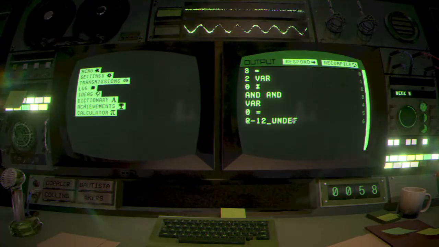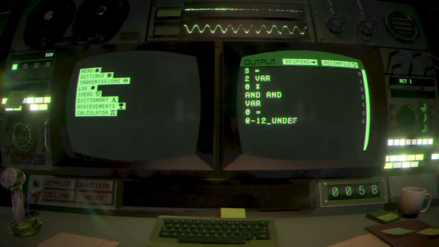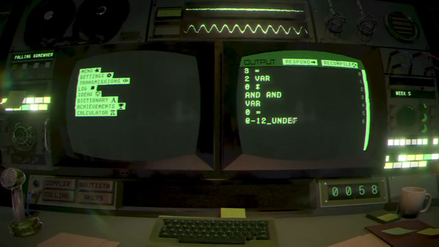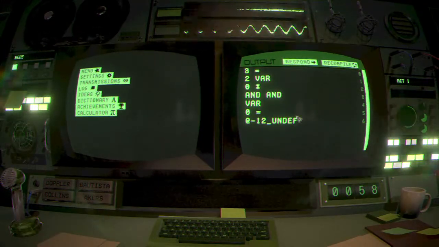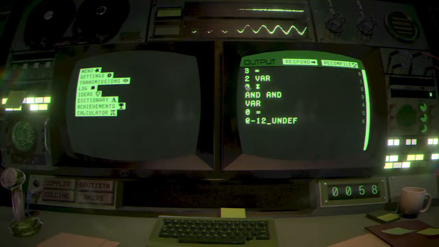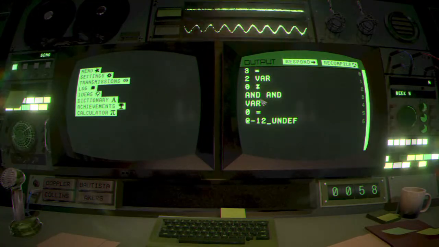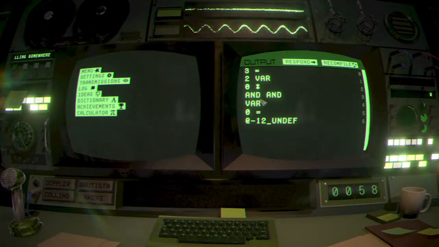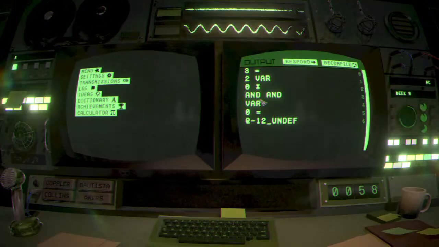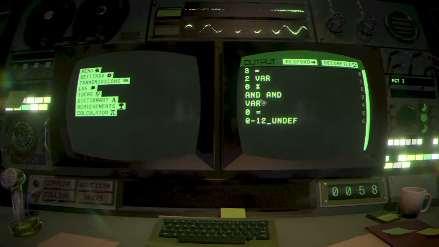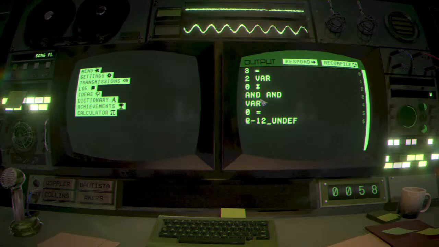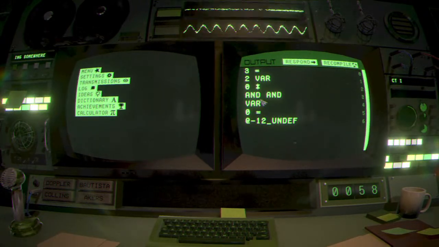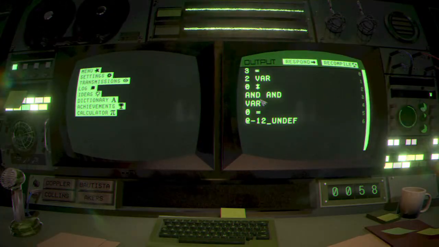Okay, 3 is equal to 2 var... I'm confused. 3 is equal to 2 times variable 0. And variable 0 is equal to something. Okay. Variable 0 is equal to 1.5.